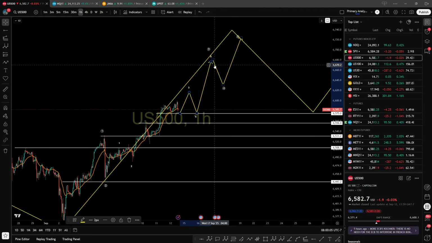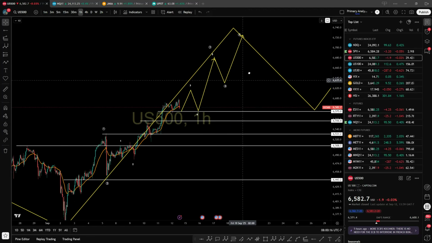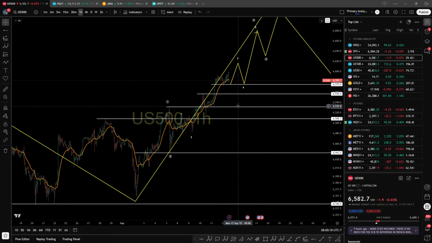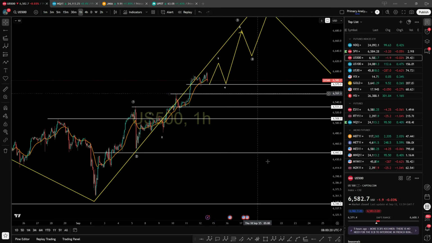I don't know what would be the reason for the spike, whatever FOMC comes with in a dot plot or maybe whatever Powell says, right? Based on that.